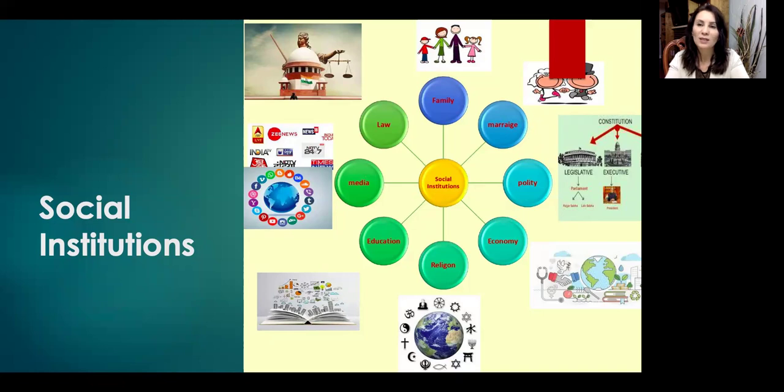This is not only about those papers you get from a religious organization or the government. This is the very unique relationship two people have in society that makes up the institution of marriage. All these institutions work together in society and interact with one another to make the social structure. They are the building blocks of social structure.